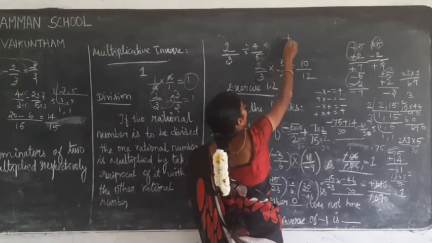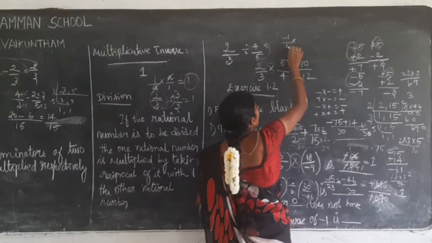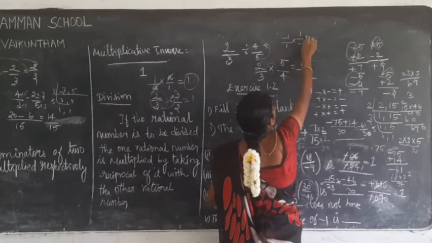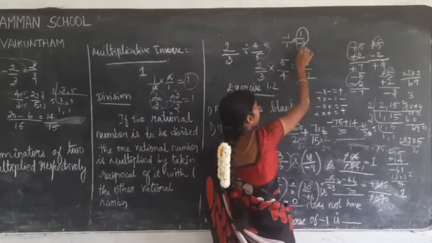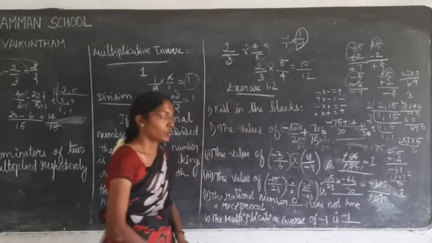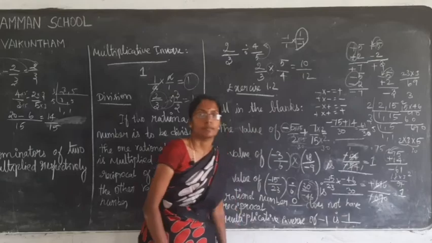Minus 1 by 1. Multiplicative inverse means we have to take the reciprocal. 1 by minus 1. So what is the answer? 1 by minus 1 means minus 1. So the multiplicative inverse of minus 1 is minus 1.